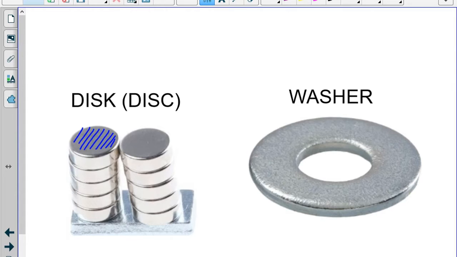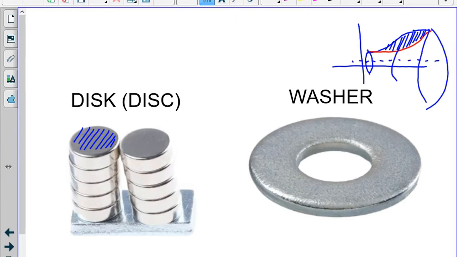Or we have washers, and washers are what happens when we have, for example, a function f of x and then another function g of x, and we want to find the volume of the area between these two curves when that is rotated or revolved around a line.